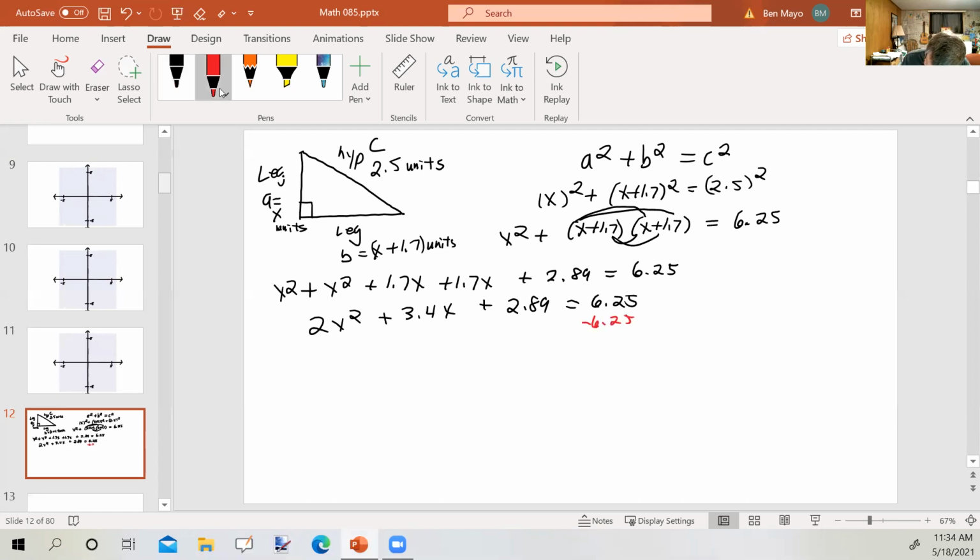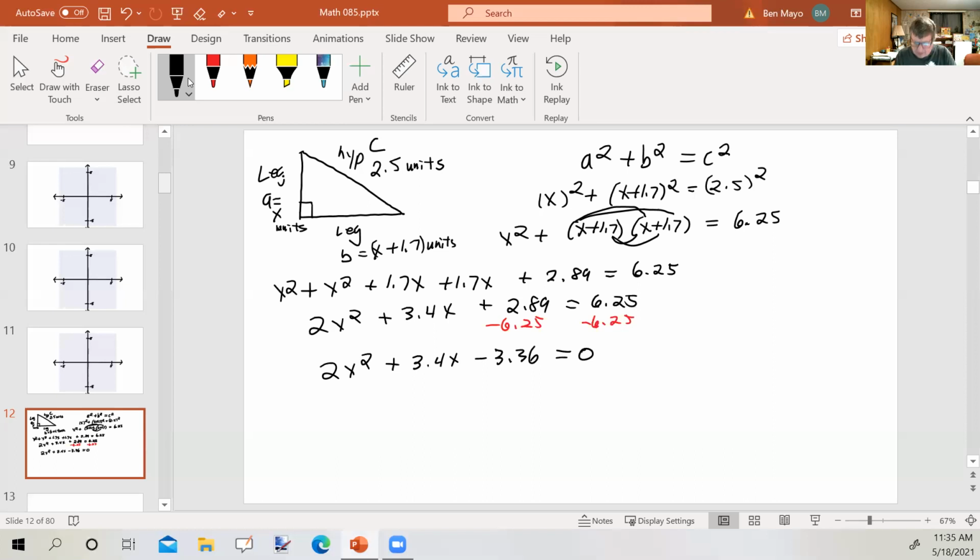Subtracting 6.25 from both sides of the equation, we get 2x squared plus 3.4x, and then 2.89 minus 6.25 gives us minus 3.36 equals 0.